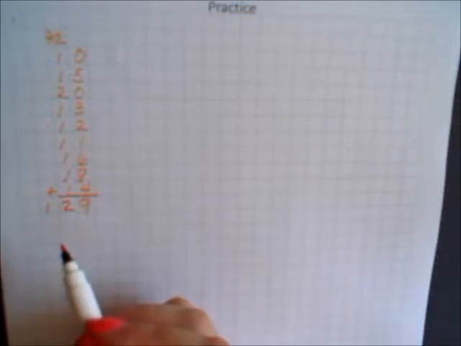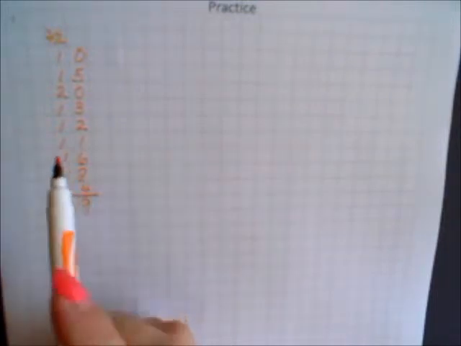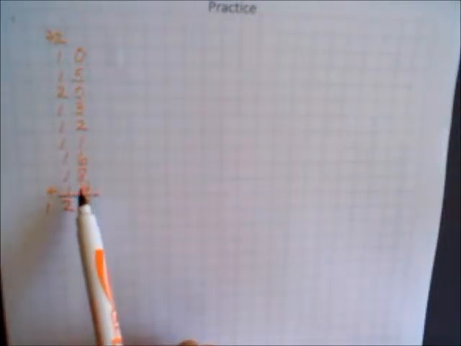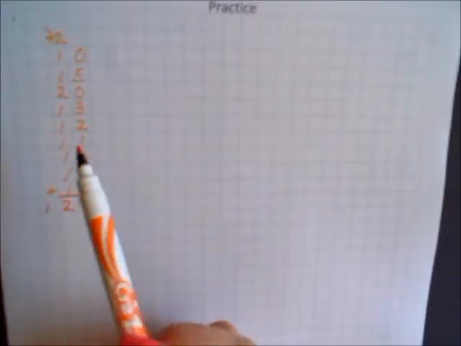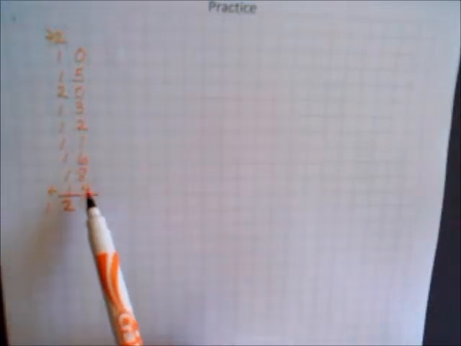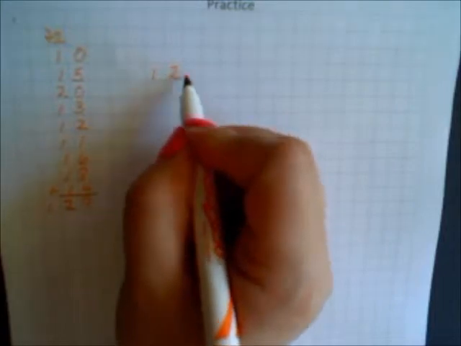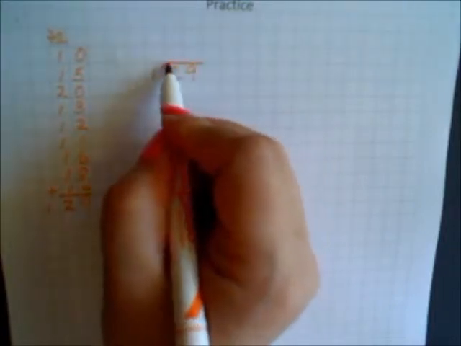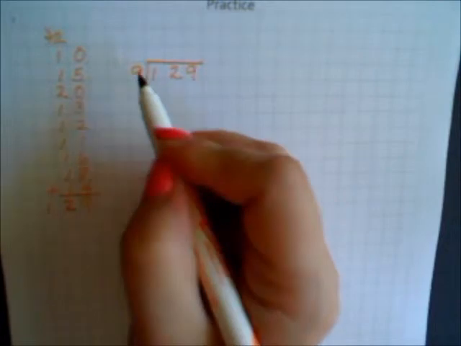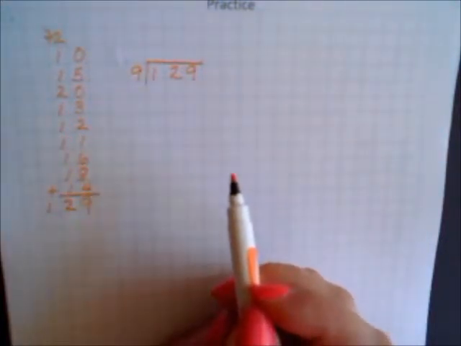Our next step is to divide this sum by the number of numbers in our group, okay? And how many numbers do we have in our group again? 1, 2, 3, 4, 5, 6, 7, 8, 9. So we are going to divide our answer 129. We're going to divide it by 9 because there are 9 numbers in our group.